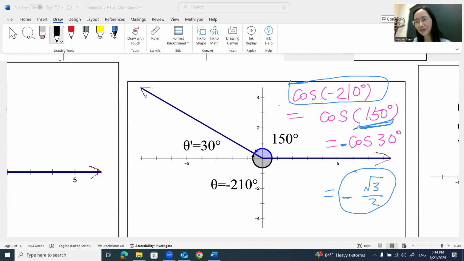So we can easily know which quadrant it is in. Then we can quickly find the reference angle of the coterminal angle.